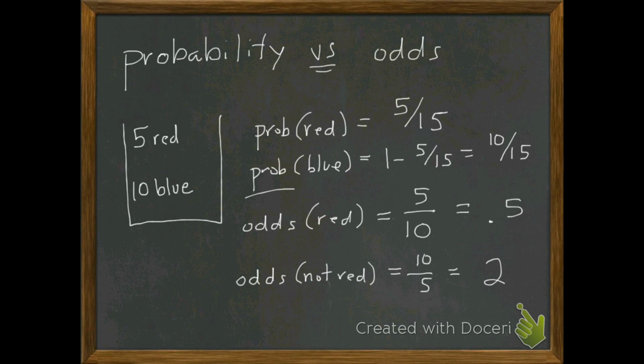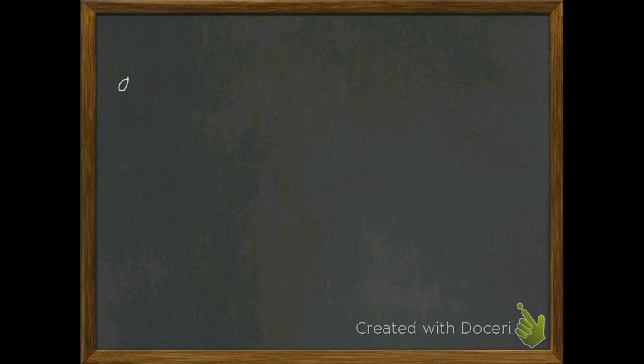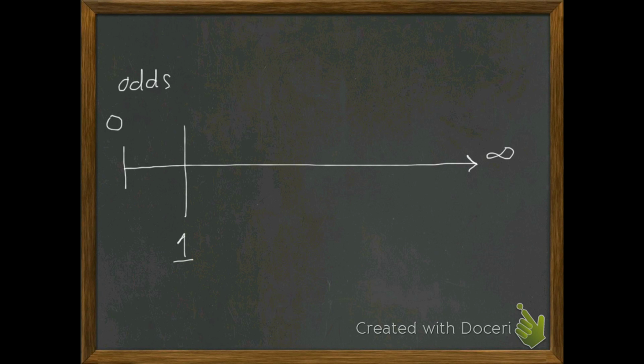Now, I want to concentrate on this part right here because there's a very, very kind of simple thing that happens, but I don't think it's intuitively clear. Now, when we look at odds, the possibilities for odds run from 0 to infinity, and you may think of the center, which is clearly not the center, but kind of the balancing point of odds as being at 1.